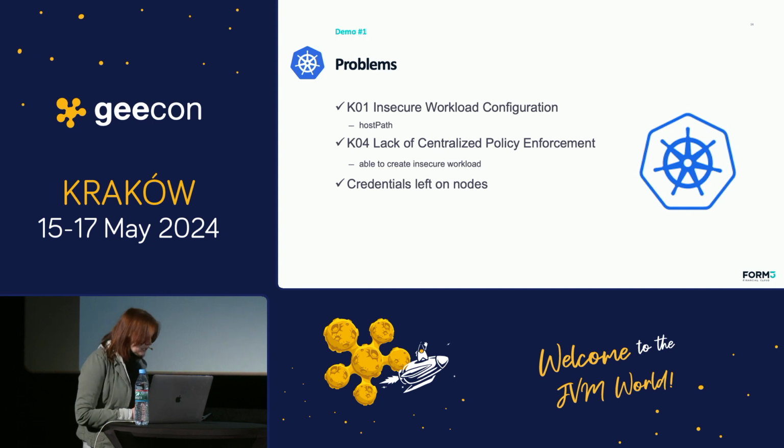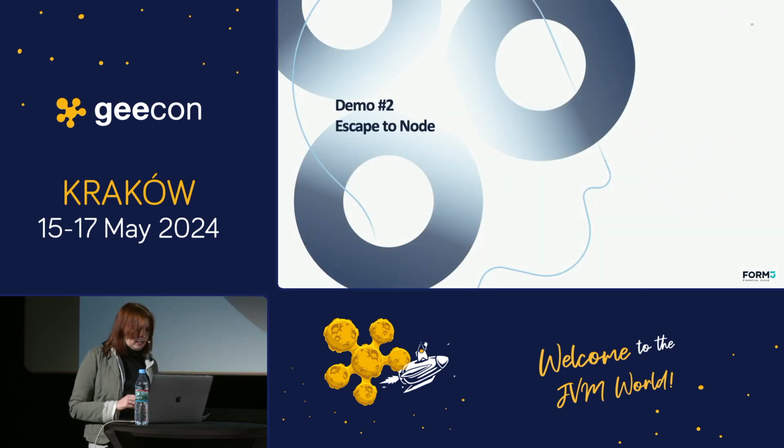So it's good to have some sort of admission hooks which deny and reject any misconfigured workloads. That would be pretty helpful. Okay, so let's move to our second demo. In this demo, we will escape to node.